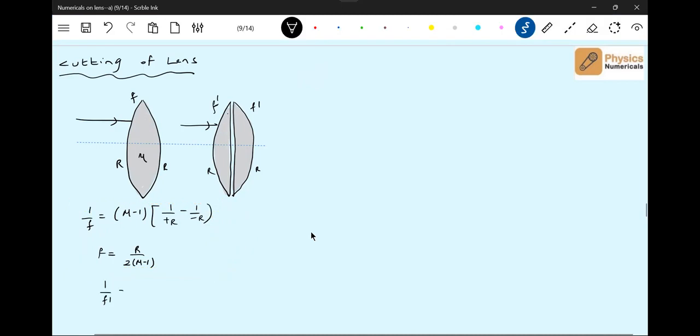f dash will be, with mu minus 1, the material, the mu will not change.